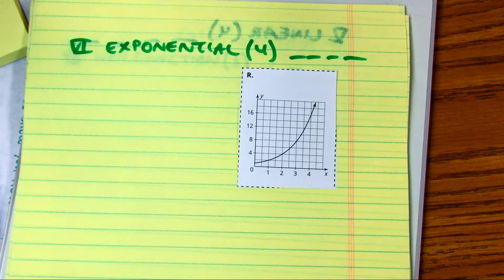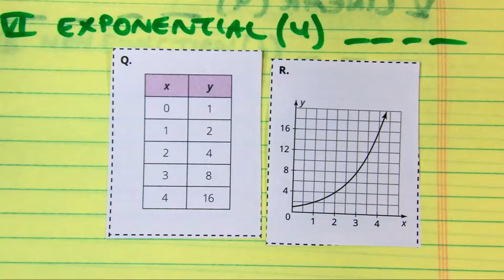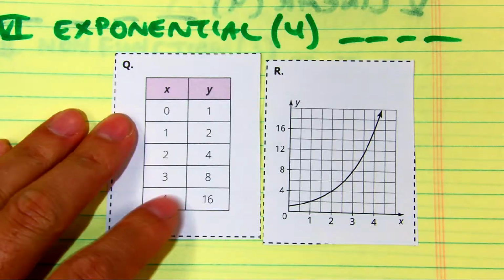Lana, do you have another one? No? Lomi? Q? Let's take a look at Q. Lomi, why did you pick Q? We're multiplying by 2.